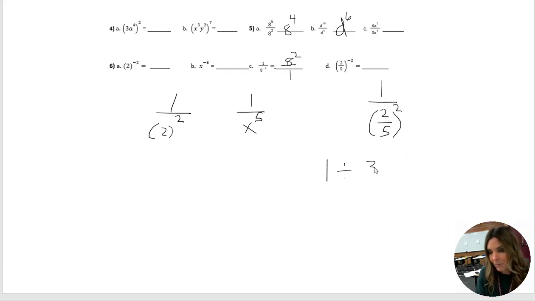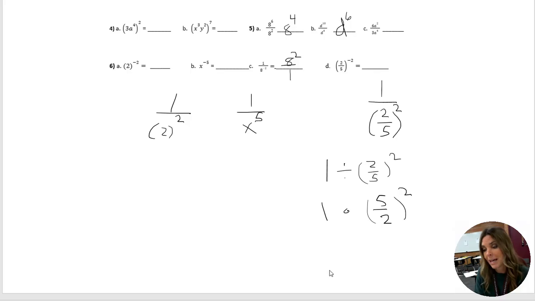So, and then I have my 2 over 5th to the positive 2, and I'm dividing those. Remember that when you divide fractions, you really flip the second one over and you multiply. So this would have become 5 over 2 to the second. We're multiplying that by a 1. And so that would be 5 over 2 to the 2.